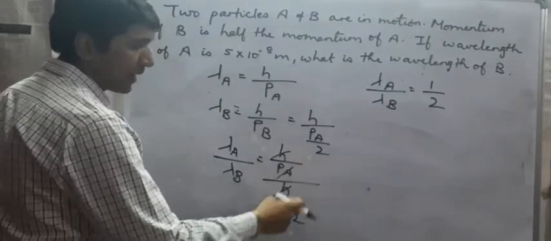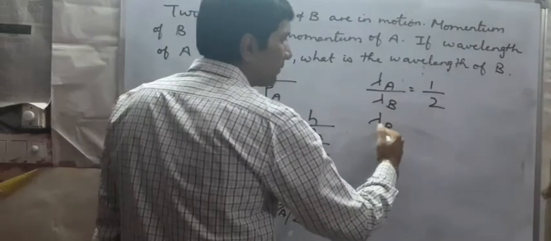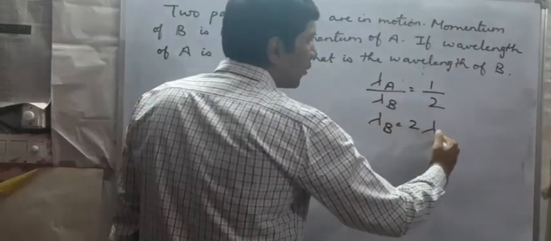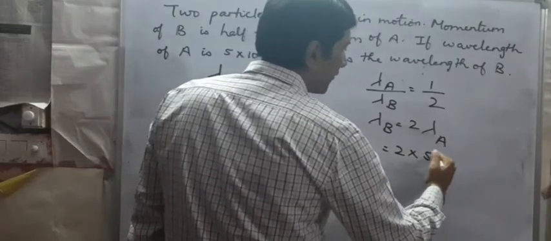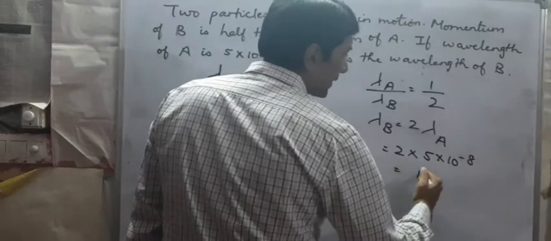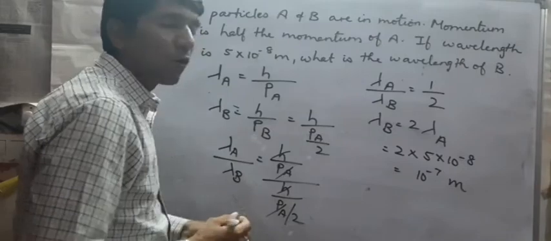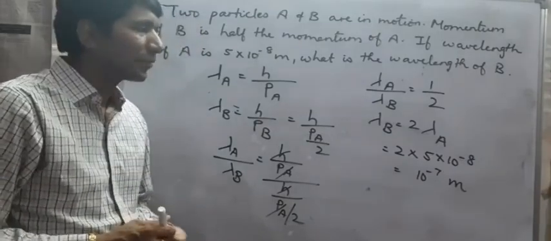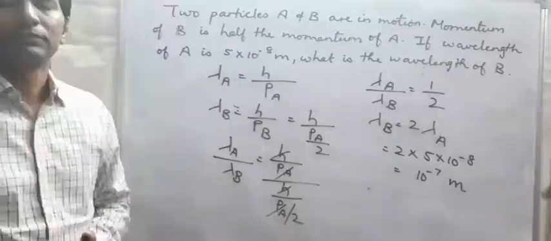So here it is 1, here it is 2. So we write 1 by 2. So that means lambda B is equal to twice the value of lambda A, which is equal to 2 into 5 into 10 raised to power minus 8, which will come to 10 raised to power minus 7 meter. You should always do the final calculation at once to reduce the number of errors.